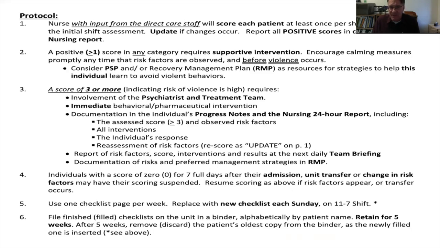And so here you have some flexibility. The recommendation is you seriously consider the personal safety plan, patient safety plan, because this is already an individualized list of interventions for that person that was developed with that person. And also options are to look at the recovery management plan as sources for strategies.